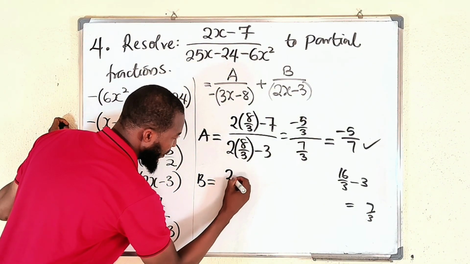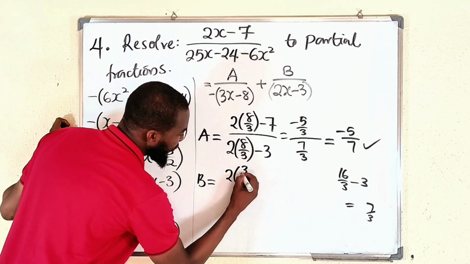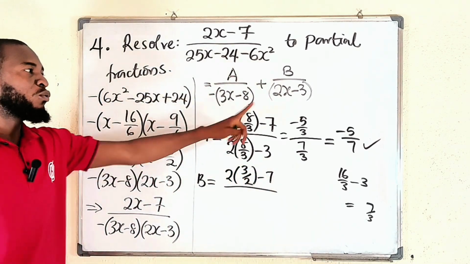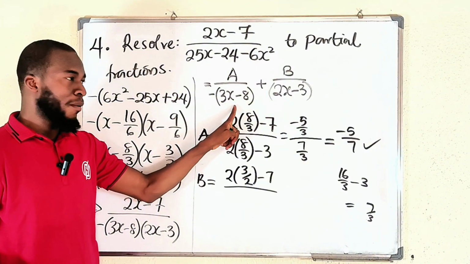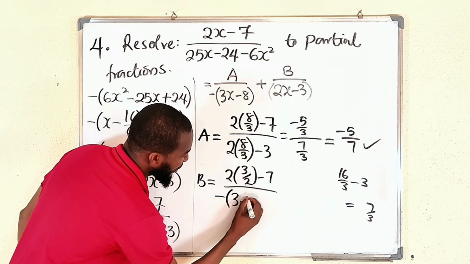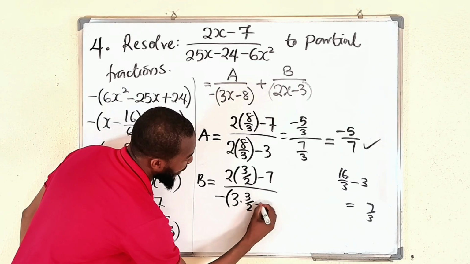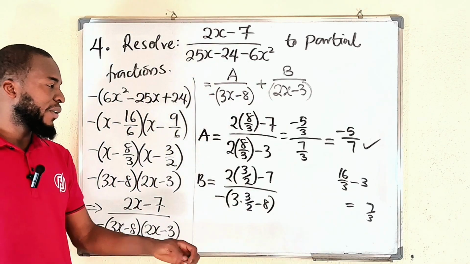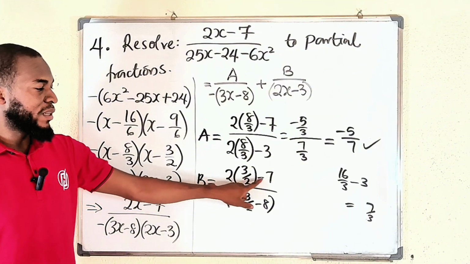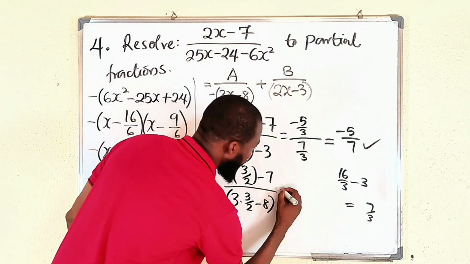So you have 2 times 3 over 2 minus 7, divided by, now do not plug it here, plug it here, where you have minus 3 times 3 over 2 minus 8. So let's simplify. 2 will cancel 2 here. We have only 3 minus 7, which is minus 4.